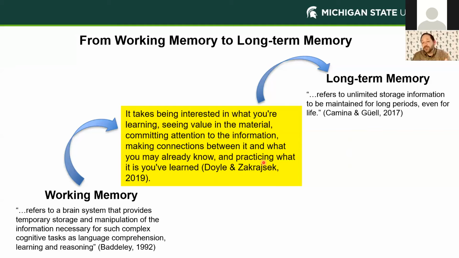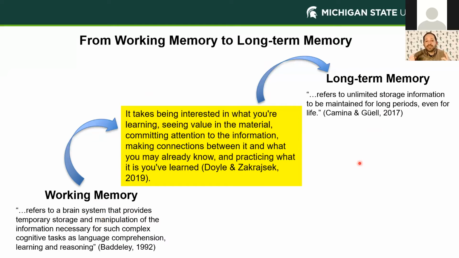I remember when I was a child and I was trying to study for a test, I would be repeating and repeating and practicing in math, for example. You have to practice different exercises many times. So practice, attention, connecting something new with previous knowledge will help with the transition from working memory to long-term memory.